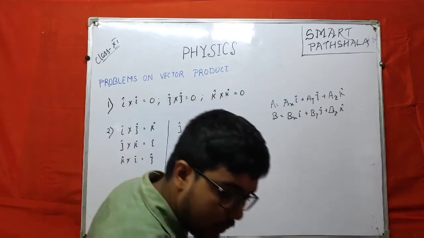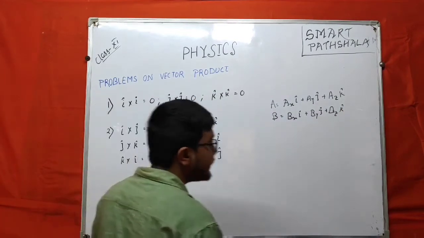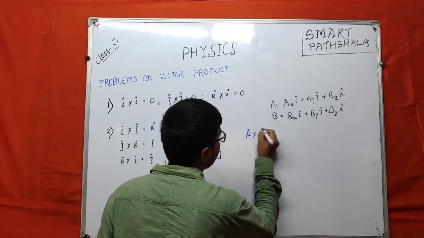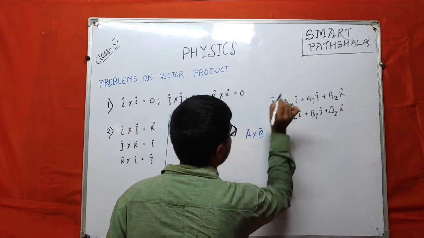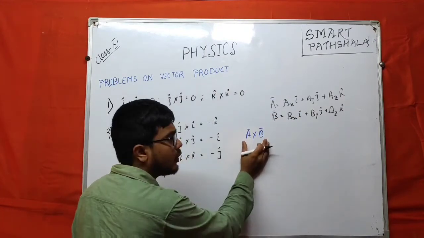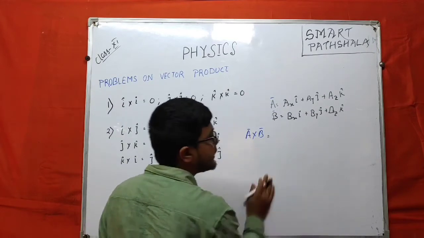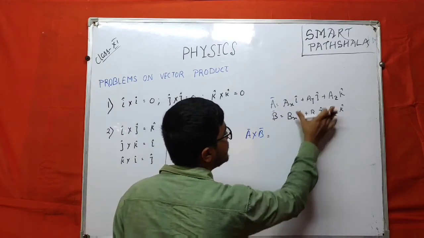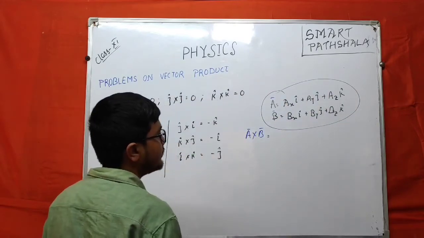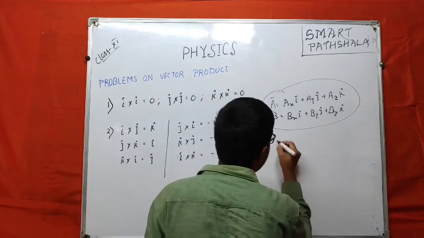Then we will be asked to find A cross B. The easiest way to find A cross B is to arrange them in a determinant form.